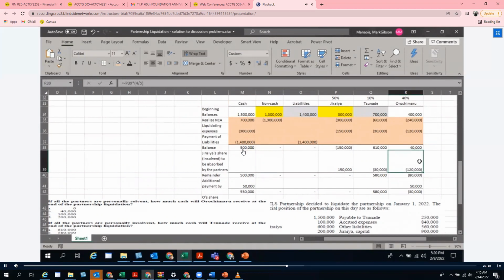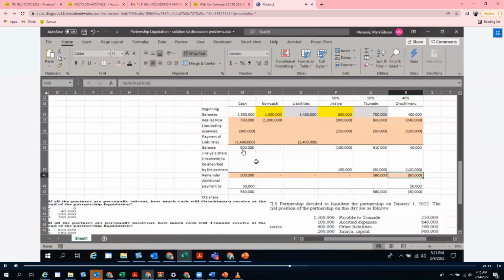So that's 120,000 pesos for Orochimaru. So let's now calculate the remaining balances. So that's 500,000 pesos cash. For Tsunade, remainder of 580,000. And then kay Orochimaru, remainder of 80,000.